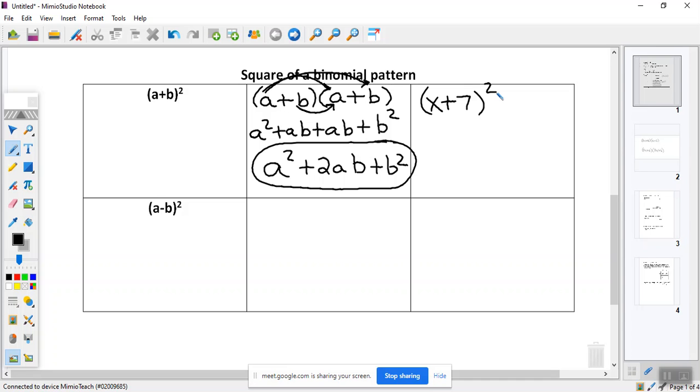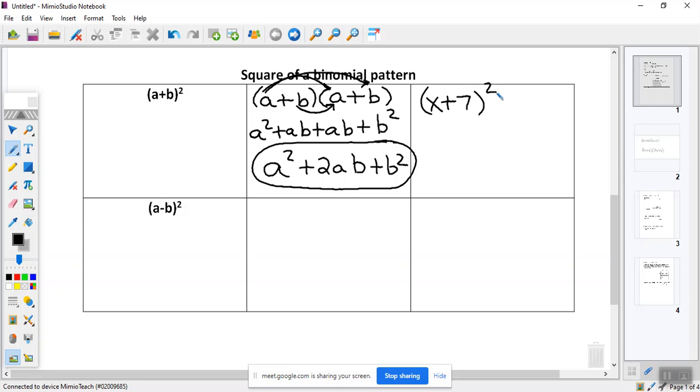All right? In this case right here, x is kind of like which variable in our formula here? And 7 is kind of like the b value. All right? So if I wanted to follow this square of a binomial pattern, in this case square of a plus b squared, I could just simply plug x in everywhere where there's an a, and 7 in everywhere where there is a b.